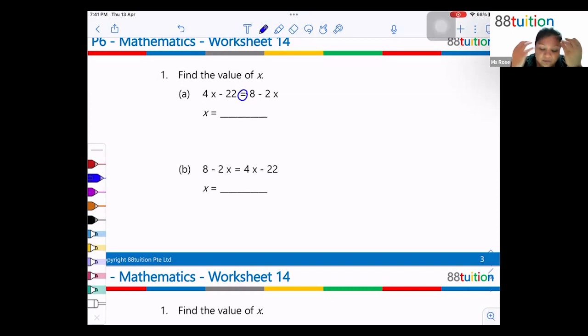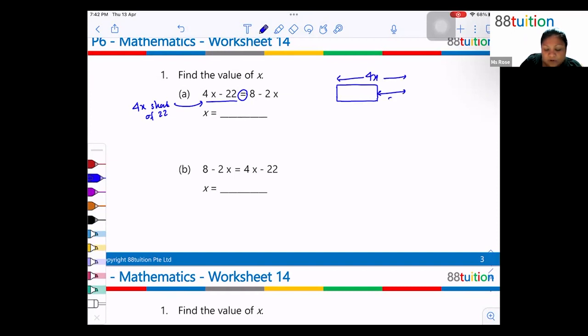All right. Now, what Crystal has done is actually to shift the numbers around. But instead of shifting the numbers around, I can represent this 4x. I can also say this as 4x short of 22. Now, this is equal to 8 short of 2x.